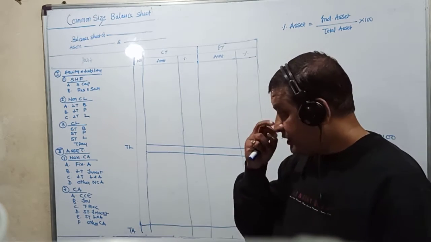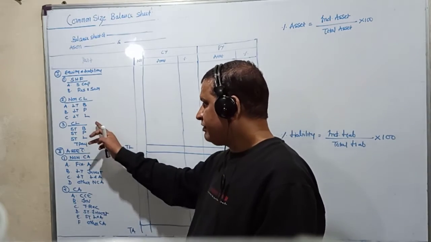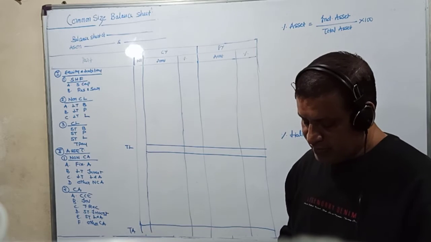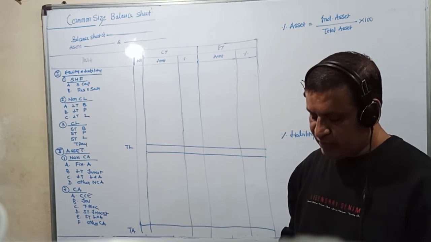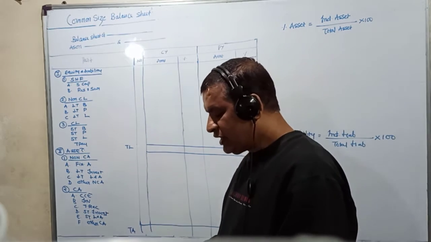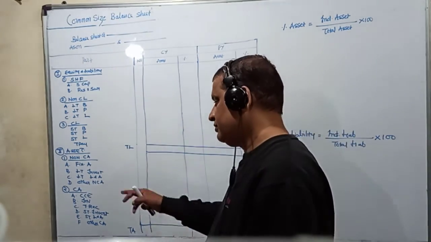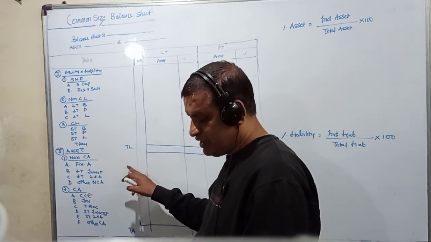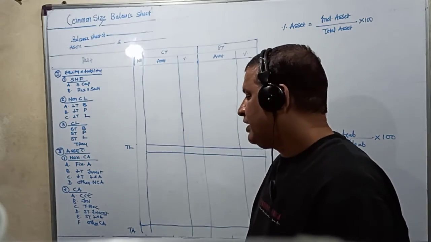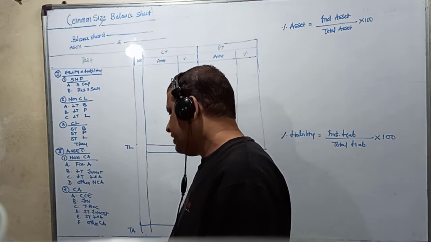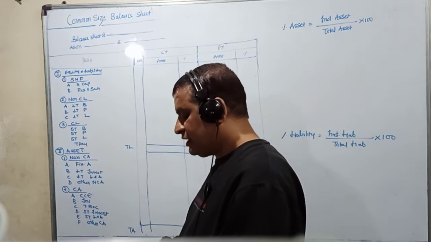Current liabilities, we will take it under short-term liability, assuming it to be other current liabilities. Non-current assets, we will take it assuming it to be all fixed assets. And current assets, we will take it under other current assets.